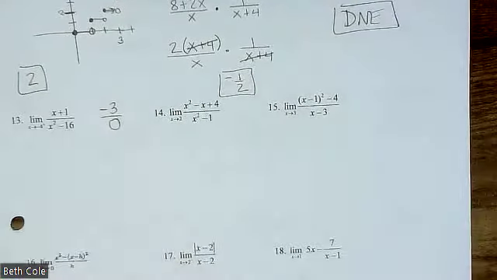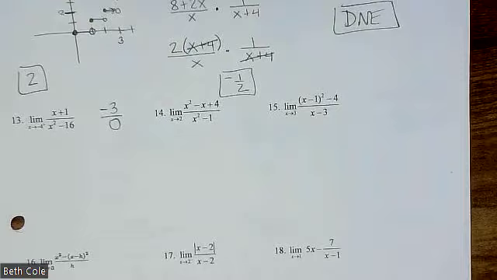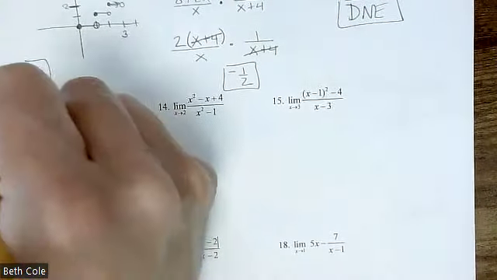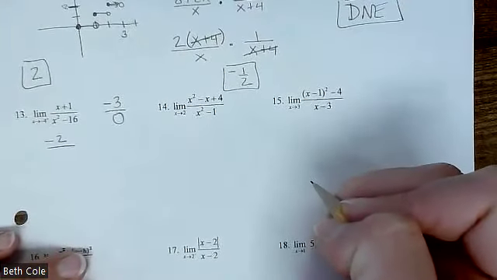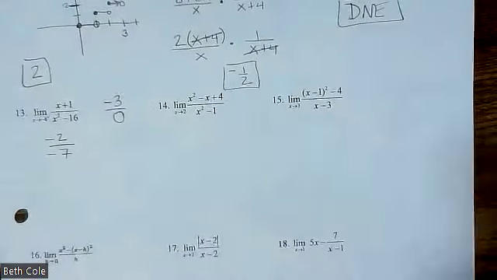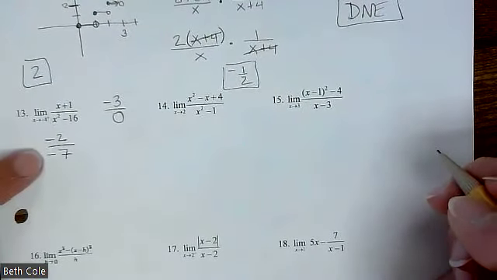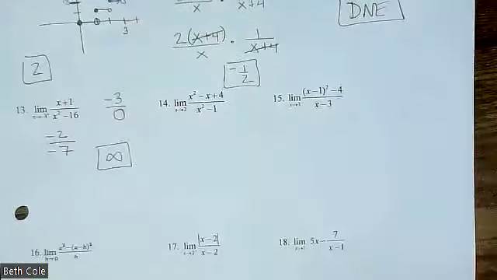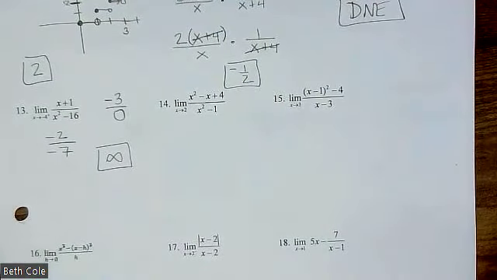So we're going to plug in -3 and just see if it comes out positive or negative. That's it. So if you plug in -3, you're going to get -2 over, what is that, 9 minus 16, so -7. But that result will be positive, so positive infinity. You're just checking if it comes out positive or negative is all that is.